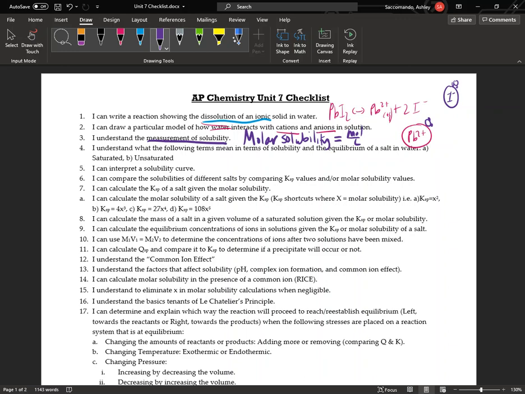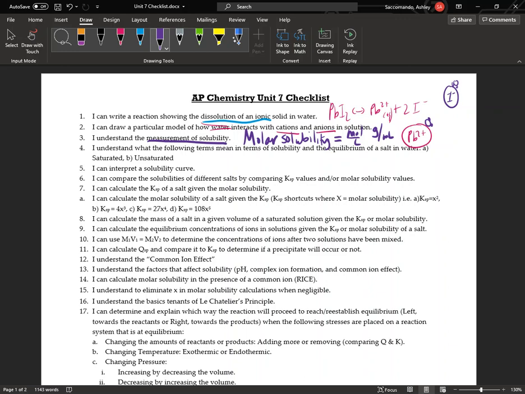However, is every measurement of solubility in moles per liter? No. They could give you grams per milliliter or something like that, and expect you to do a conversion before you start.